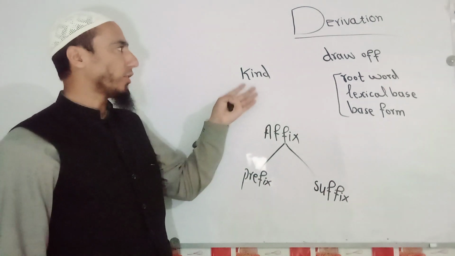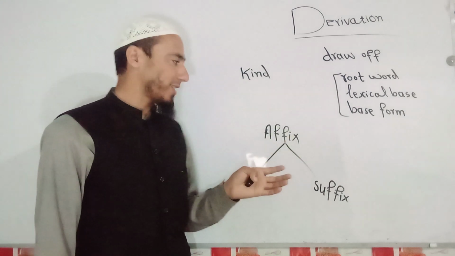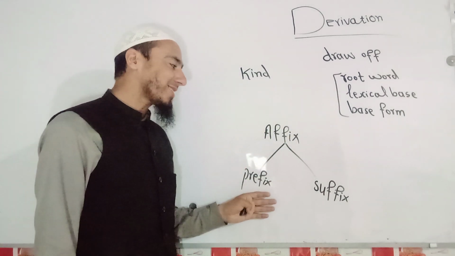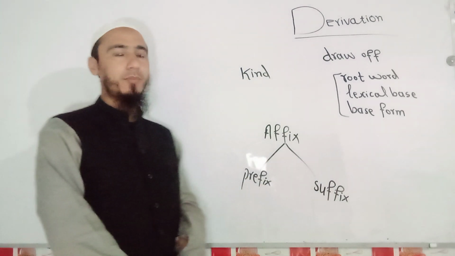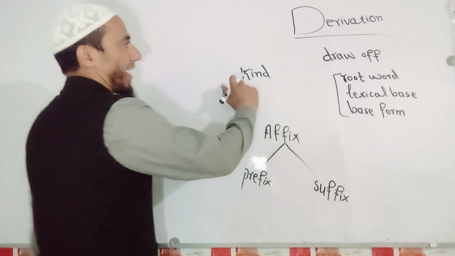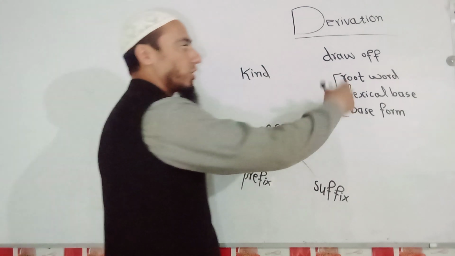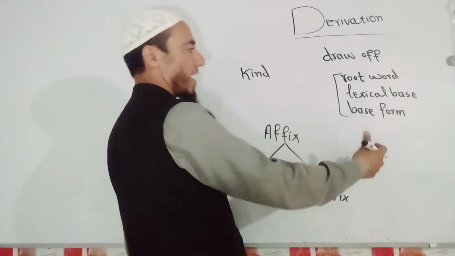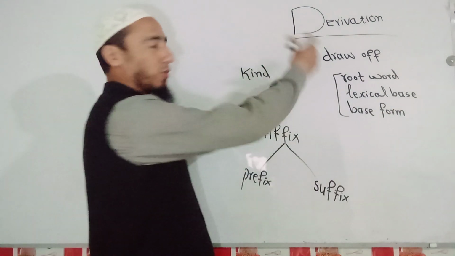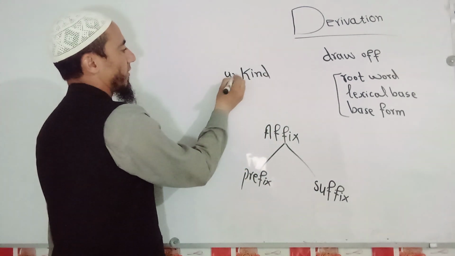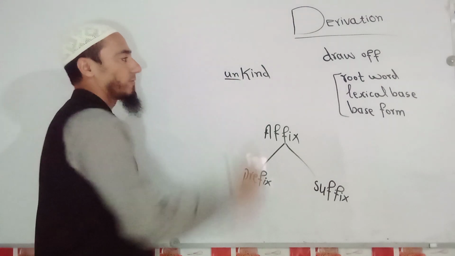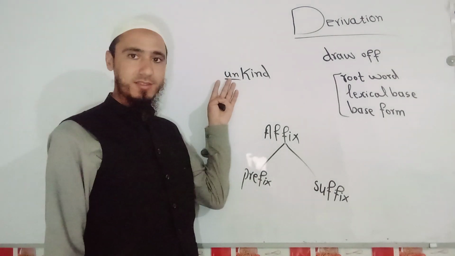Okay, so in the derivation process, either a suffix is added to the word or a prefix is added to the word. But as I said, we are changing the root word or lexical base or base form to make a new word. For example, here un is a prefix.